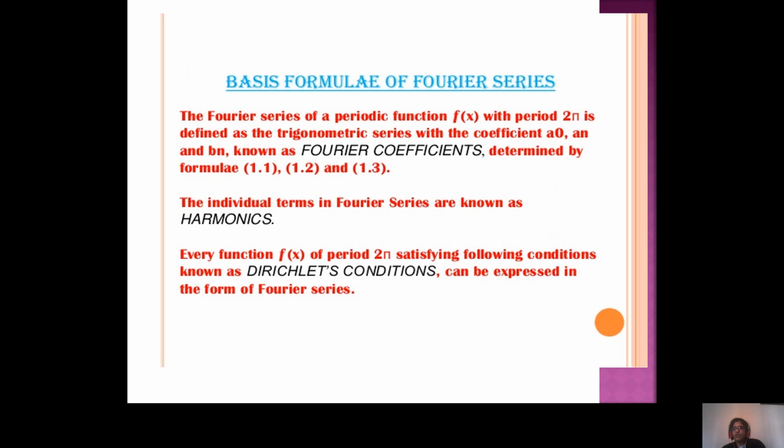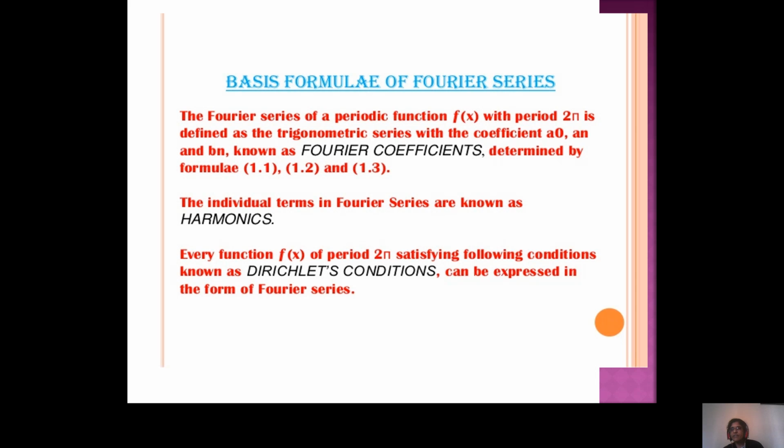So what is the basic formula of this Fourier series? The Fourier series of a periodic function f of x with period 2 pi is defined as the trigonometric series with the coefficients a naught, an and bn, known as Fourier coefficients. You already have to write down the formulas of a naught, an and bn.